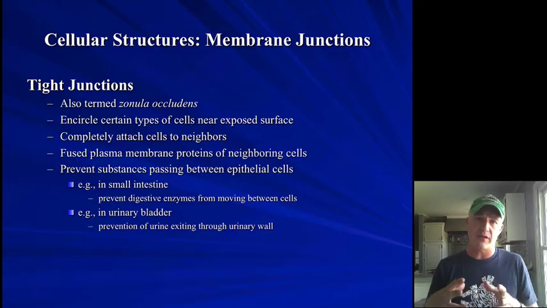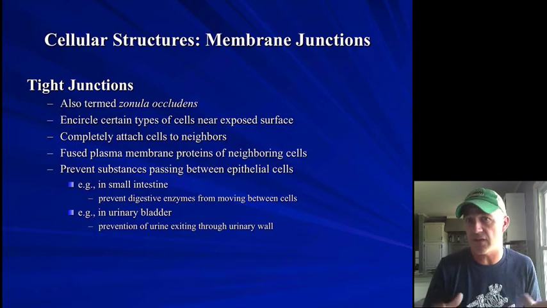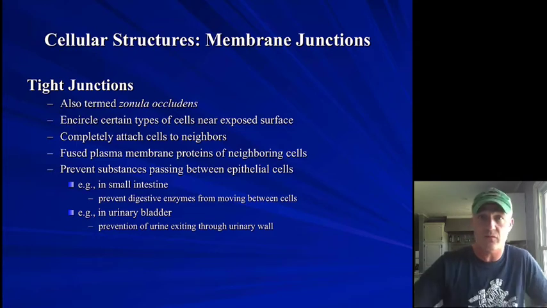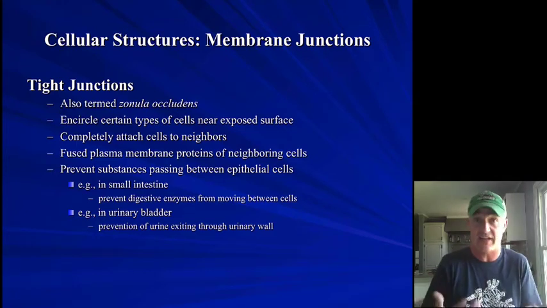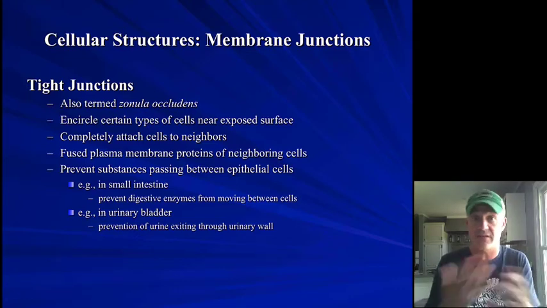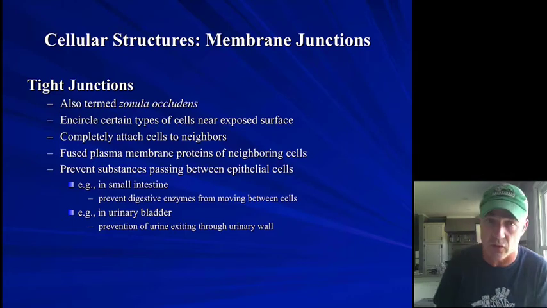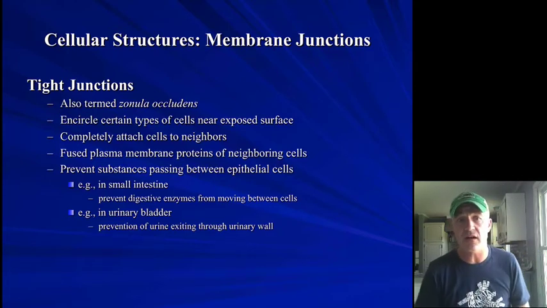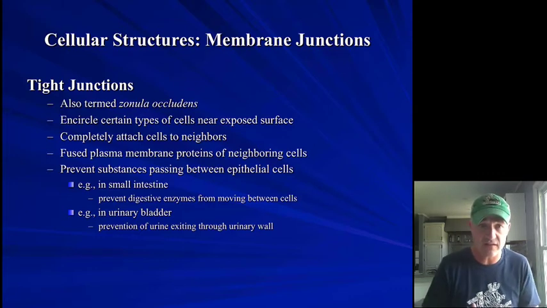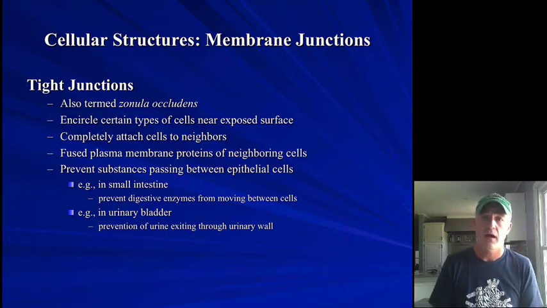Some of these membrane proteins are involved in helping the cells hold together, and again, you can kind of look at us, we have 38 trillion-ish cells. Obviously, they're all stuck together. So these cells do need to be able to hold on to one another a little bit. So we do have some of these membrane proteins called things like tight junctions, also known by a much more difficult name, the zona occludens.